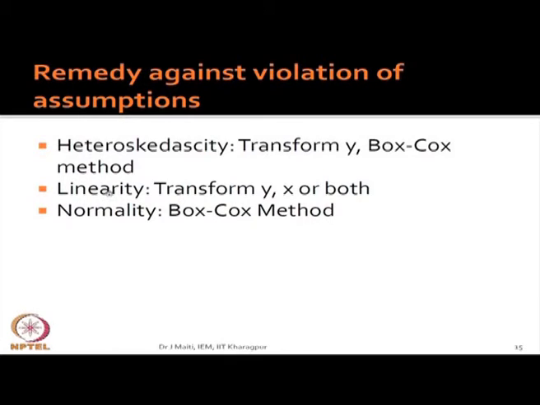If there is a linearity problem, you can transform y, or transform x, or transform both x and y. If there is a heteroscedasticity problem, you transform only y, and Box-Cox is also a power transformation of y. For normality, we will use the Box-Cox method.